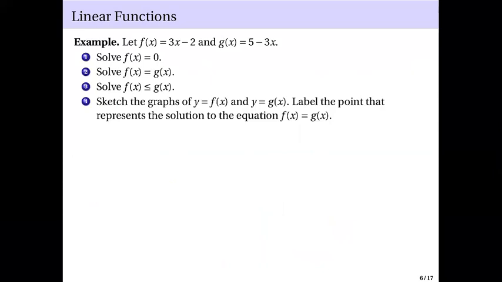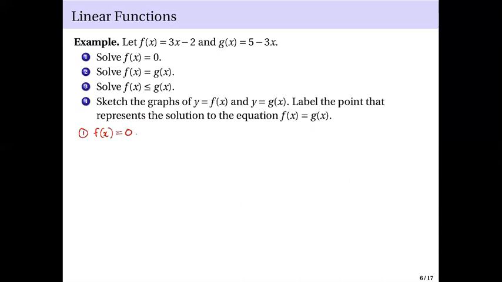For our next example, let f of x be equal to 3x minus 2 and g of x be equal to 5 minus 3x. Then let us do these 4 problems here. For the first problem, we want to solve for x such that f of x is equal to 0.